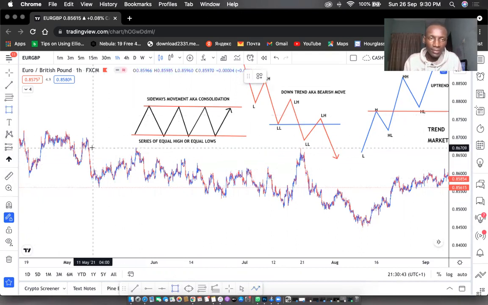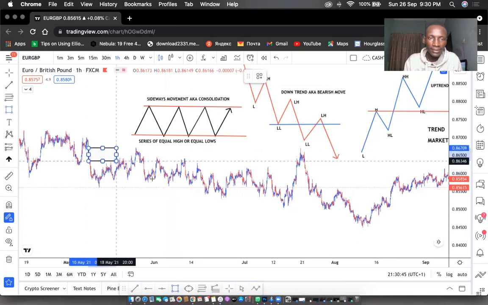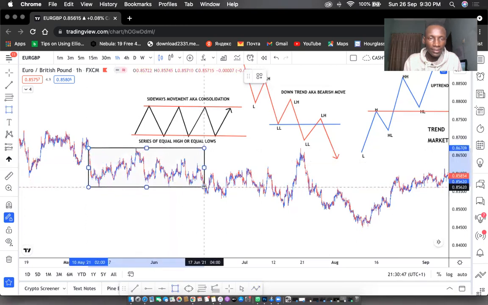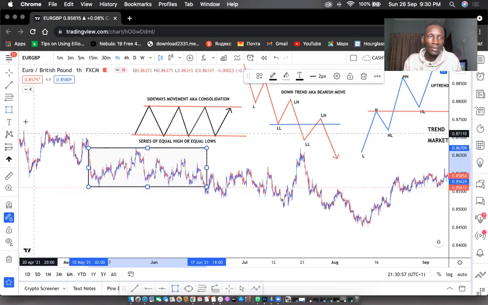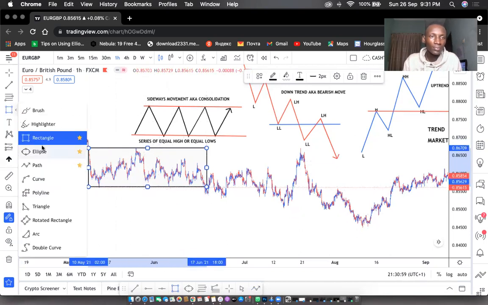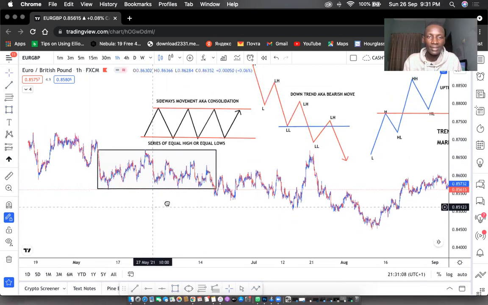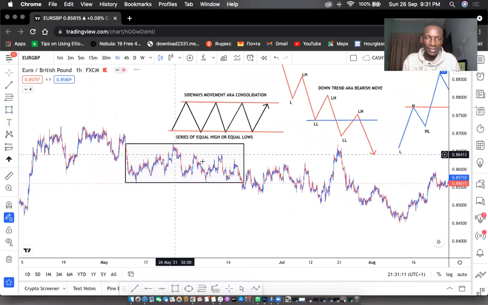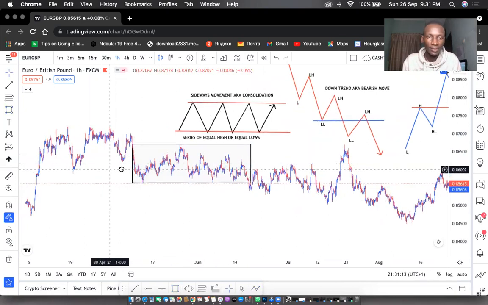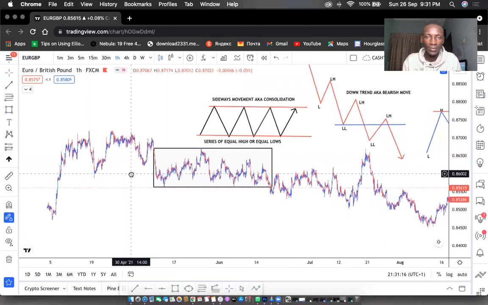Let's now see, where do we see equal highs? Okay, you pick up your rectangle and draw it. Now, if you look right here, this is like a sideways move, right? Yes.